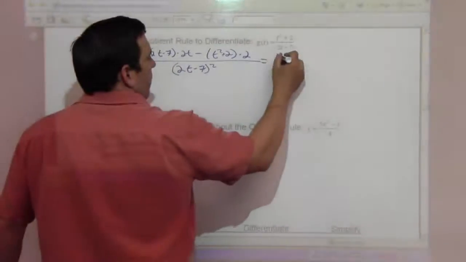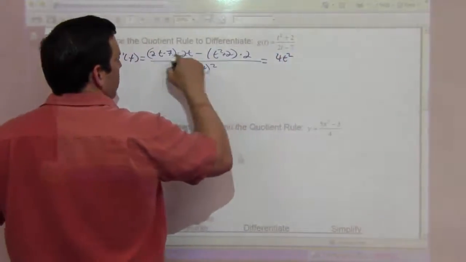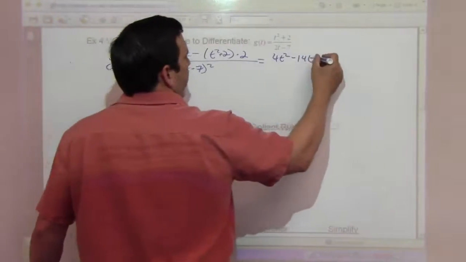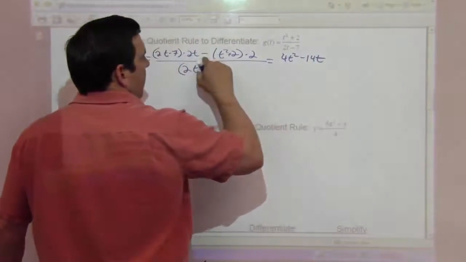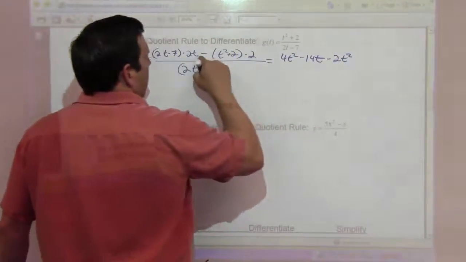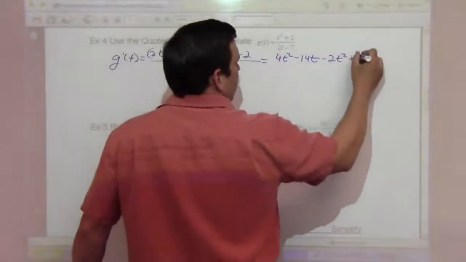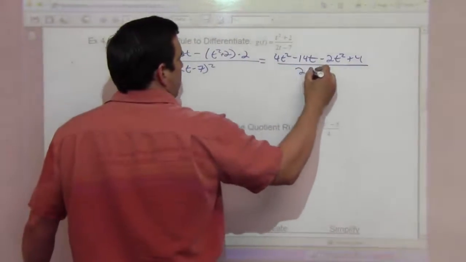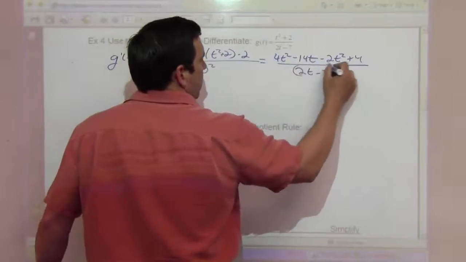So that's 4t squared minus 14t. Then we have minus t squared times 2 is minus 2t squared. Minus 2 times 2 is plus 4 over 2t minus 7 squared.